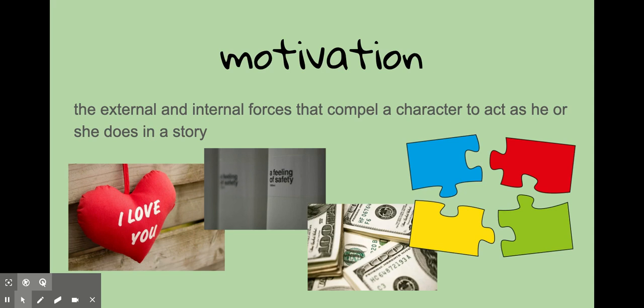Now, there are a lot of things that can motivate a character. Love, the search for love, security, money, material things, a sense of belonging. Those are all things that a character can be motivated by. In my opinion, the number one thing that all people are motivated by is happiness. And that can take on a different look depending on who the person is.